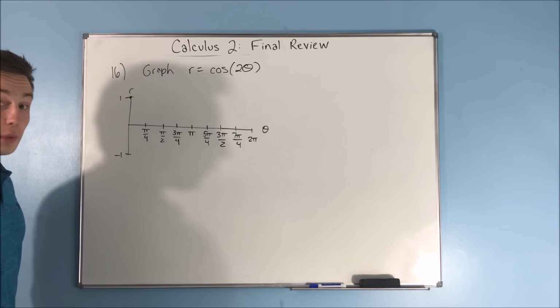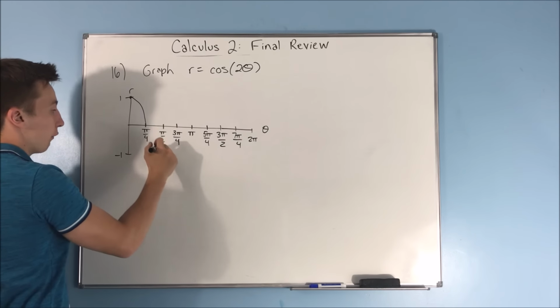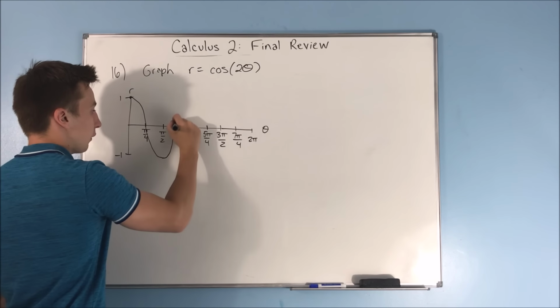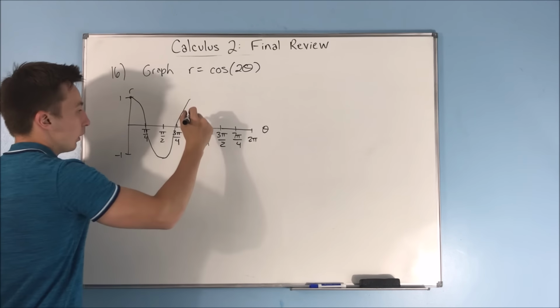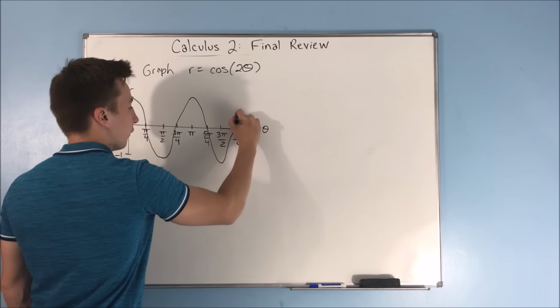So we start off at 1, we go down to pi over 4, we go over to pi over 2, up to 3 pi over 4, and then further up to pi, and then we're just going to repeat that cycle.